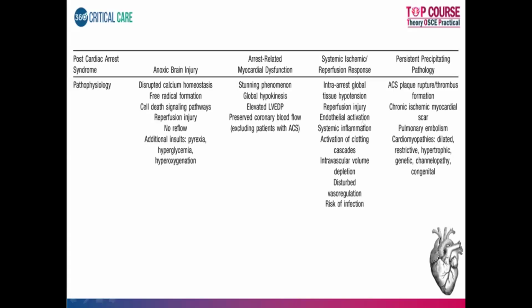This happens due to tissue hypotension, reperfusion injury, endothelial activation, and systemic inflammation, which all lead to activation of clotting cascades, and there could be intravascular volume depletion and disturbed vasoregulation, and there is increased risk of infection. And what is this persistent precipitating pathology? Basically, any underlying causes, like an ACS plaque rupture or thrombus formation, a chronic ischemic myocardial scar underlying the arrest, any pulmonary embolism or any cardiomyopathies.